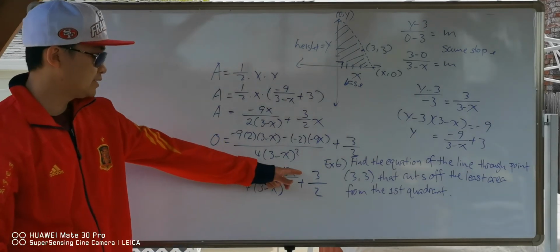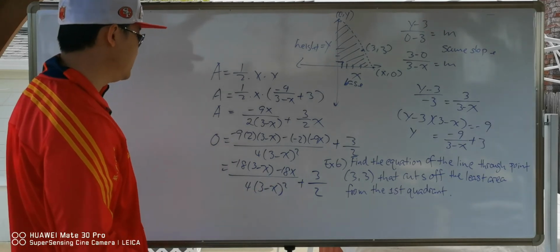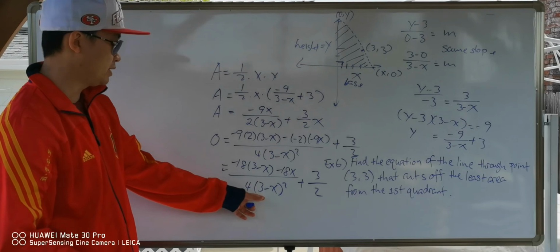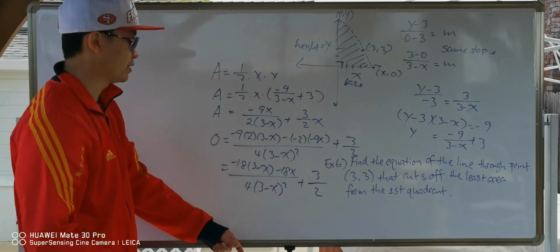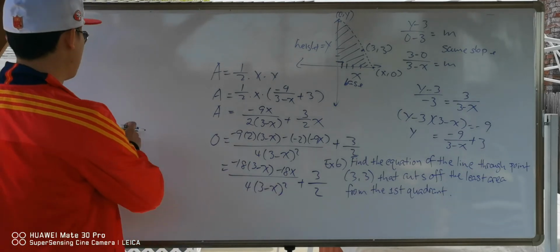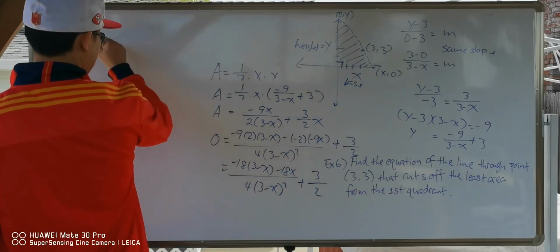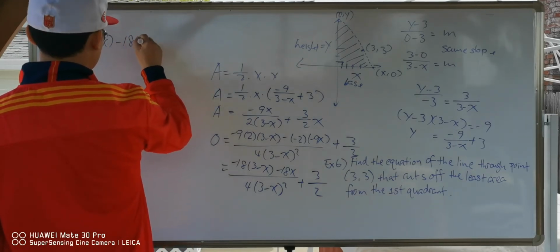In order to combine this together, we need to find the least common denominator. So the least common denominator would be 4 times the quantity of 3 minus x squared. That means it's going to be written as negative 18 times 3 minus x. I just want to transfer this one all over here.